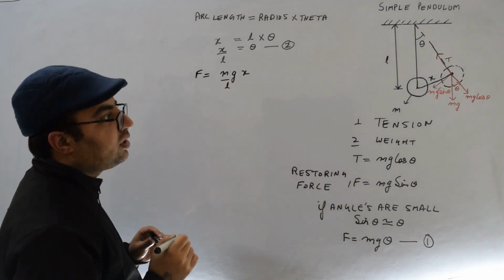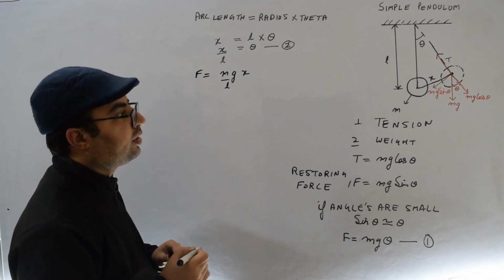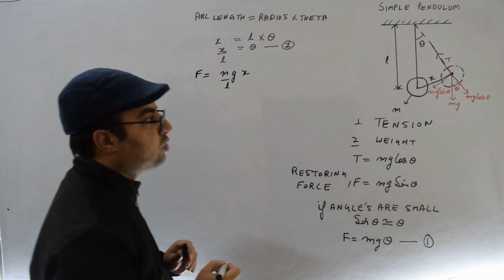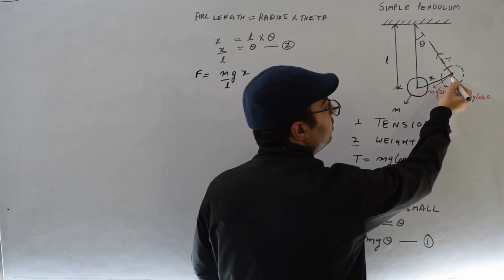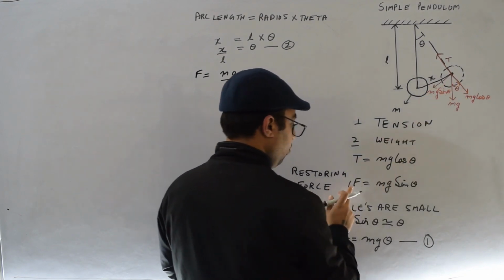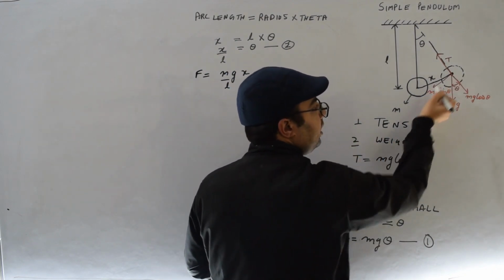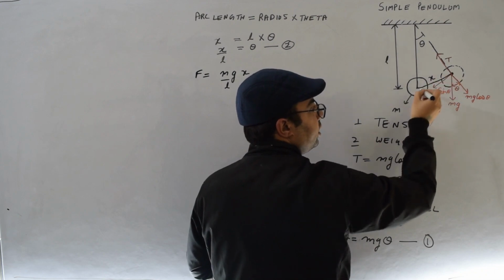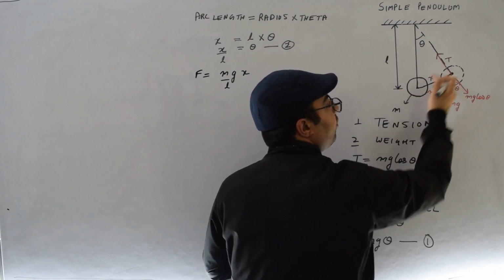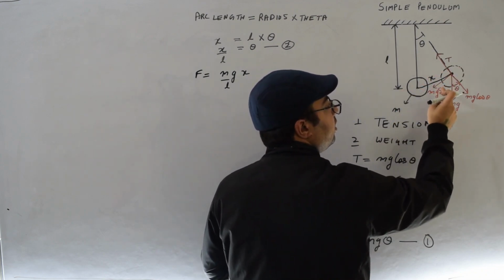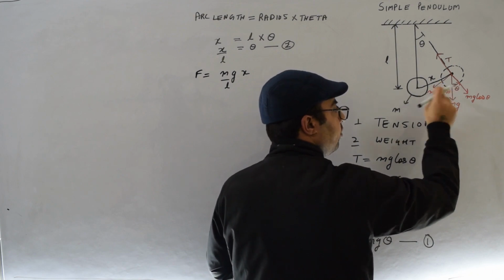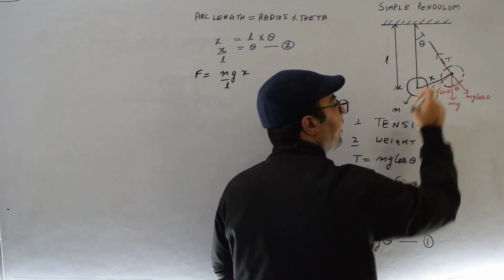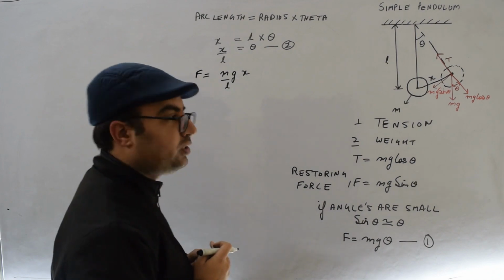If you will be just taking into the consideration the direction, so this restoring force, that is mg sin theta, is toward me, this way direction, and this x is away from me. It means this restoring force F, or we can say that the mg sin theta and x both are in the opposite direction.